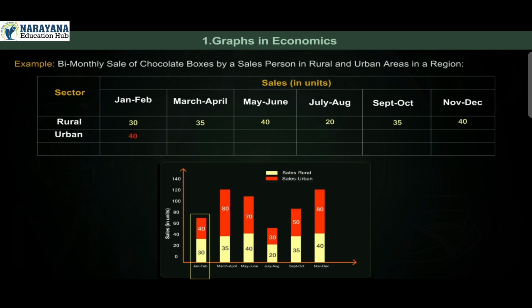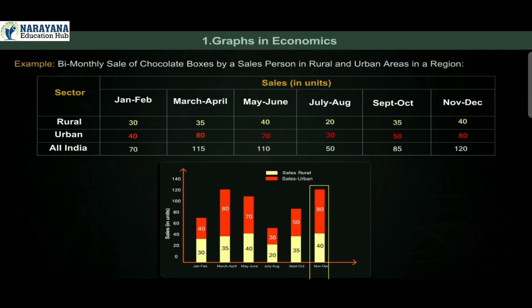January to February 40, March to April 80, May to June 70, July to August 30, September to October 50, November to December 80. Sector: all India. January to February 70, March to April 115, May to June 110, July to August 50, September to October 85, November to December 120.